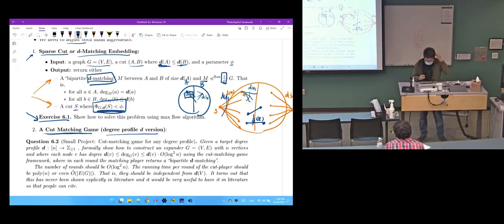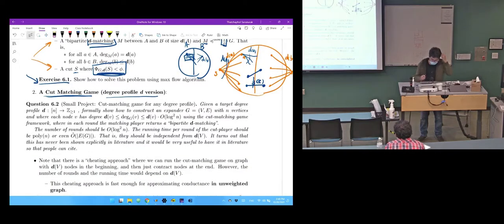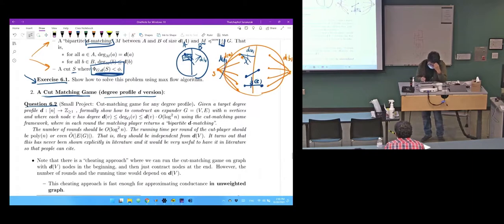Okay, but actually there's some question that I want to ask. So this is a question. The question is, can we make what I kind of hand waved in the discussion session formal? To be precise, let's say that we are given degree profile D, and let's say that it is an integer, because we can scale things up to make it integer.